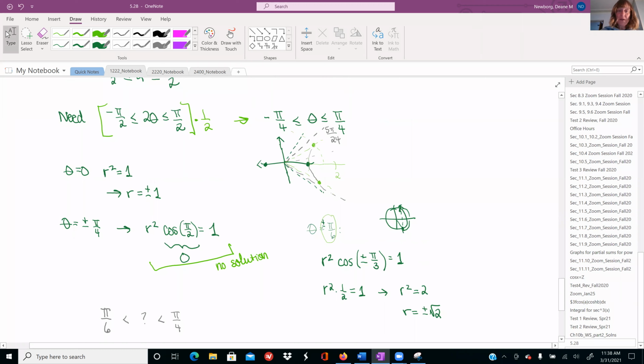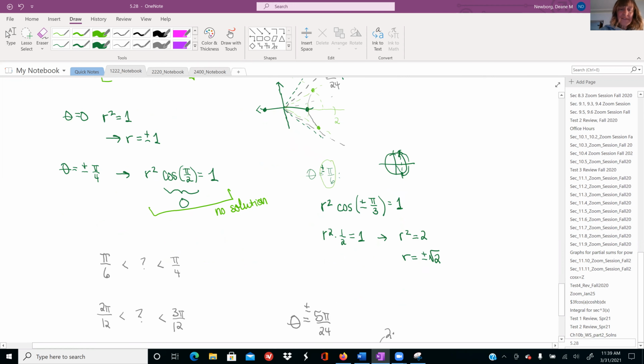Because I think the one where we got no solution, think of if you try to solve for r, you divide both sides by 0. And like when we graphed, when things were in terms of x and y, if you ever got 0 in the denominator, that's an asymptote. So I'm thinking that the plus or minus pi over 4, those are like asymptotes for our graph. So I'm expecting them to go out to plus or minus infinity.